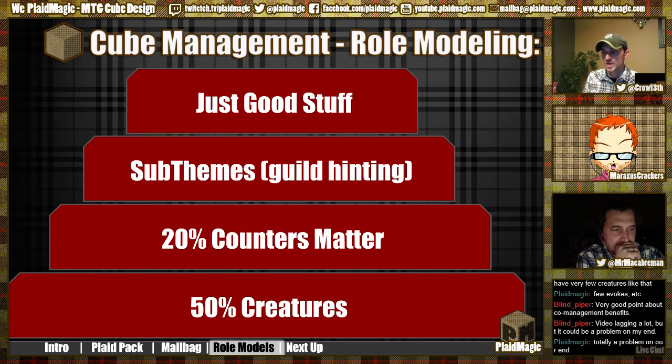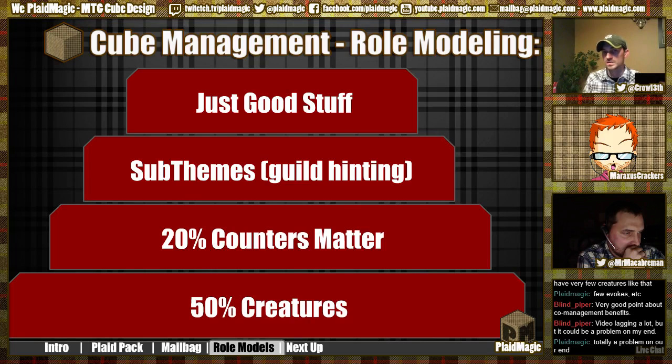And the way that I incorporate it is, take the percentage of the commons, like what they generally have in the common level of a pack, and maybe take a quarter of that off and have that be your theme. That's going to be the percentage of what you want across the board of your cube to be your theme.